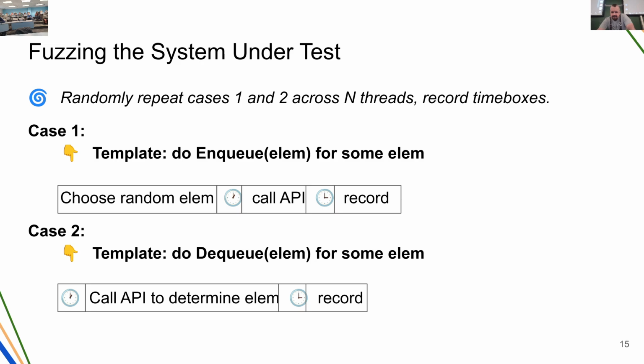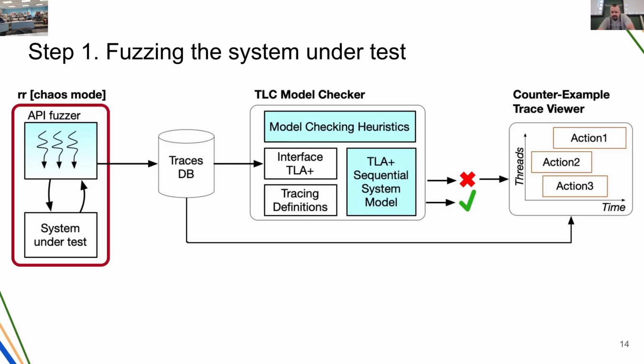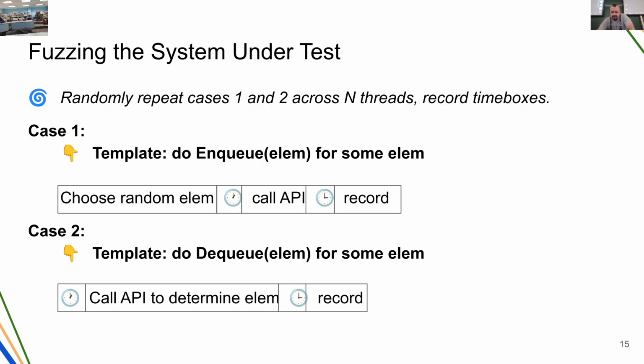I'm just going to skip that slide, and maybe just point out that I accidentally said this slide early. So, for example, when you're doing enqueue, you choose the random element, note your start time, call the API, note your end time, then call record.